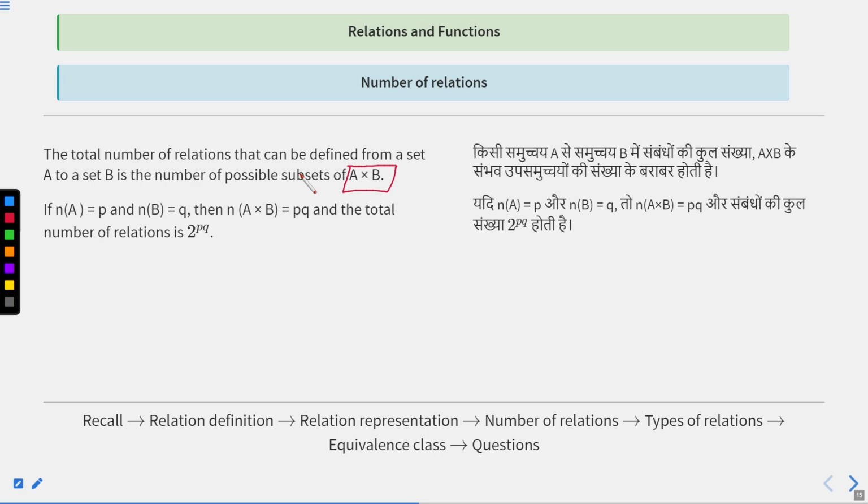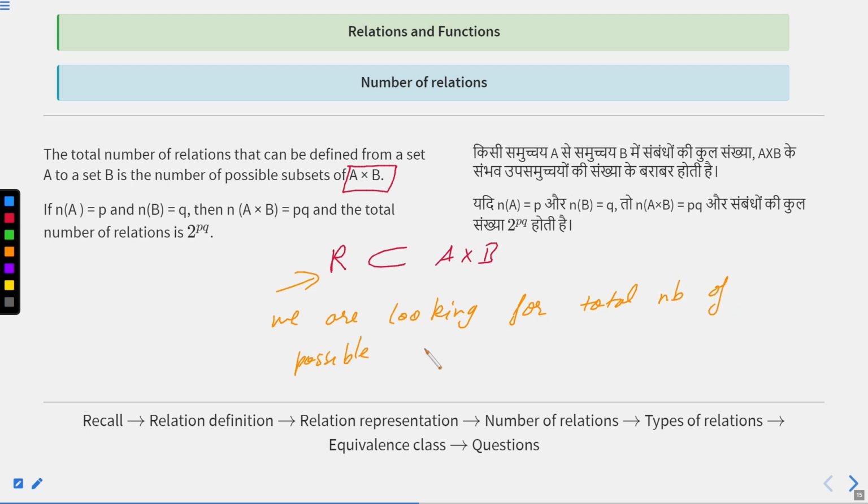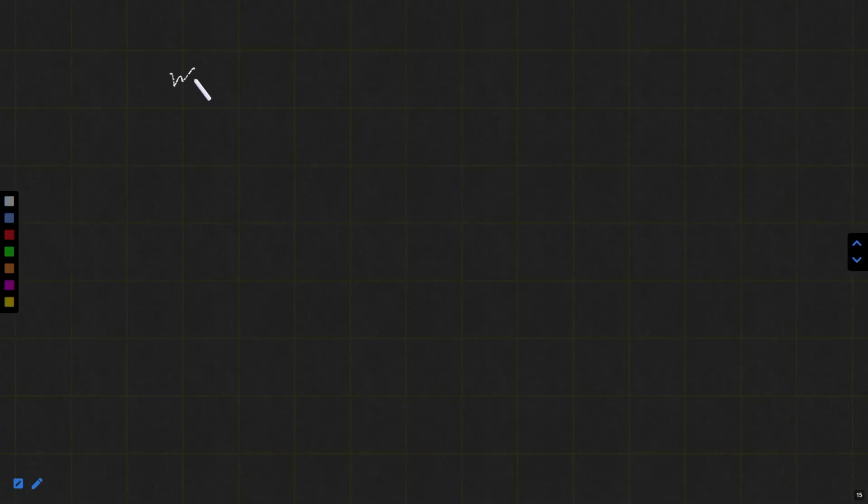When we talk about relations, we already know that a relation must be a subset of A cross B. This means we are looking for the total number of possible subsets of the set A cross B.